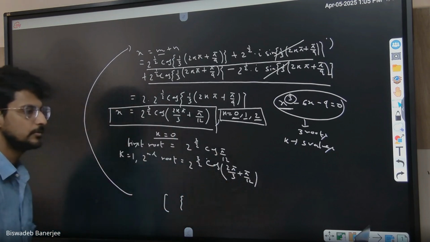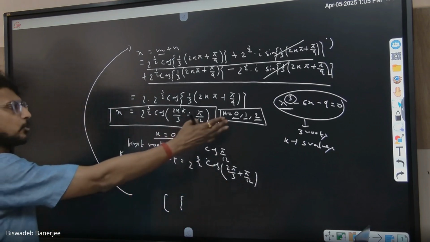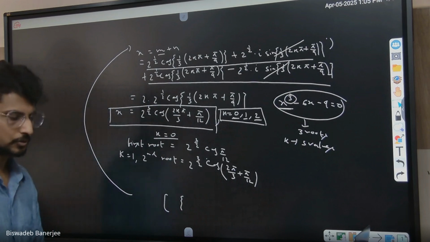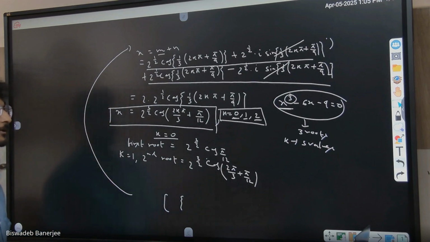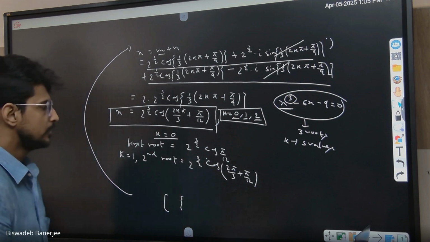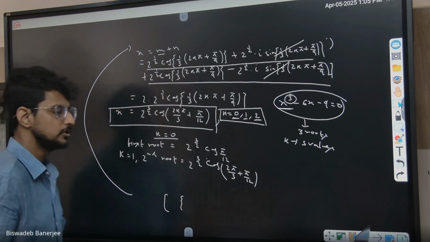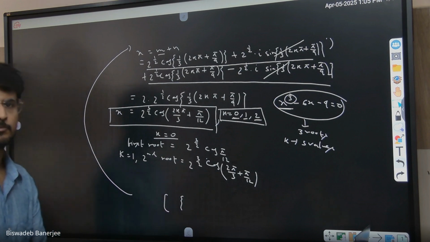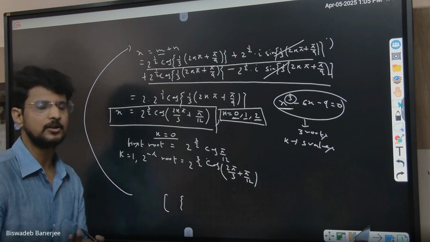Similarly, k equal to 2 gives my third root. These are the roots of this equation. We have used complex numbers, so everything is from Cardan's method.